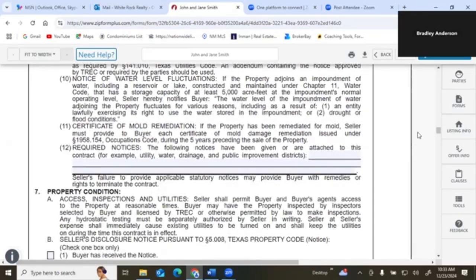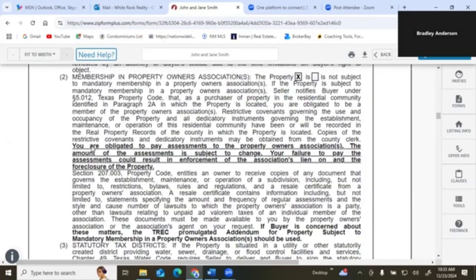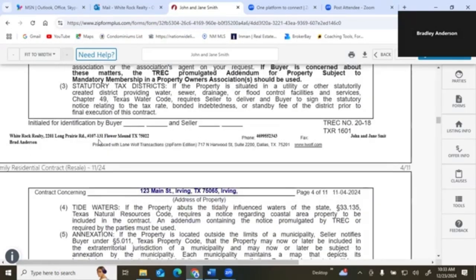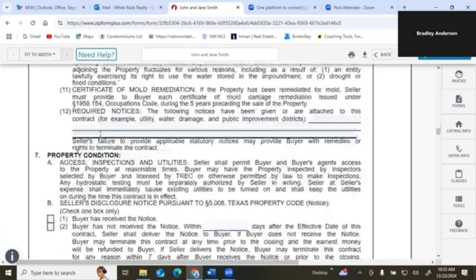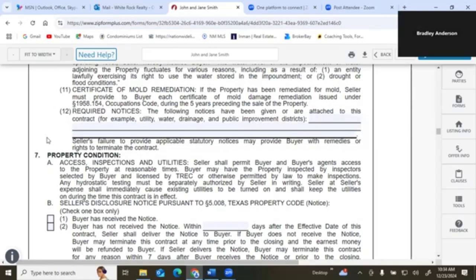Now it also comes down to paragraph 6E12, required notices. So this is the seller's responsibility, by the way. It says the following notices have been given or are attached to the contract. And these would be things like MUD disclosures.